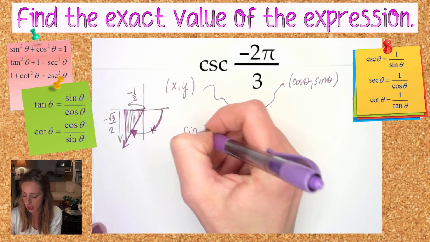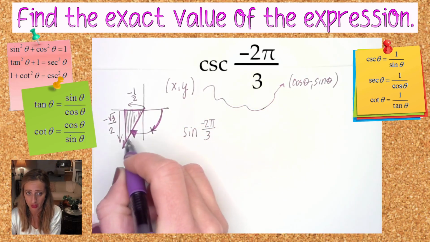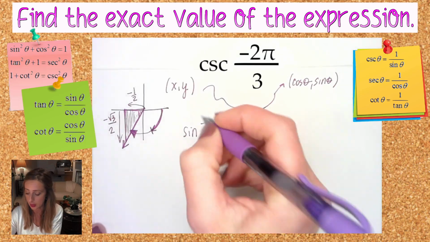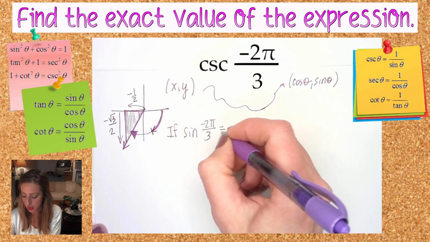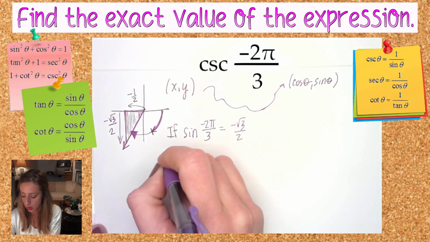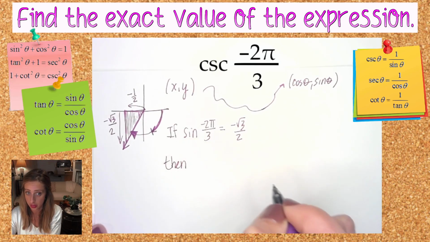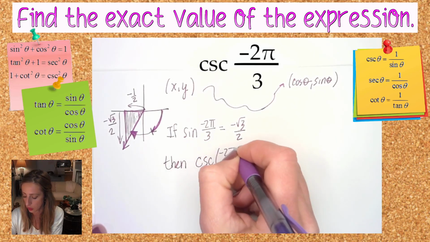So the sine of negative 2 pi over 3, or any other angle that lands right there coterminal with it, is equal to negative root 3 over 2, as we know. The next part is then the cosecant of negative 2 pi over 3.